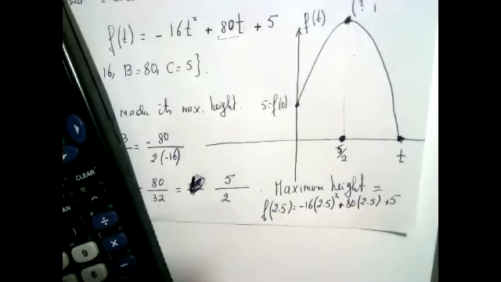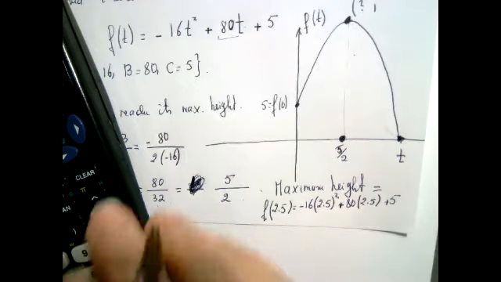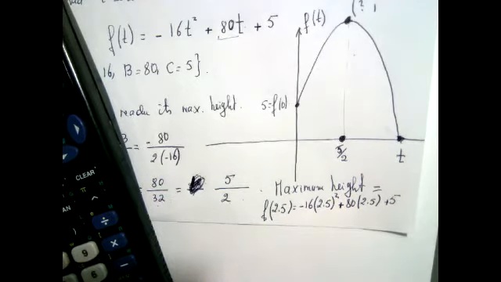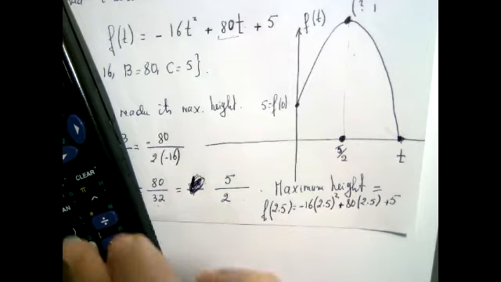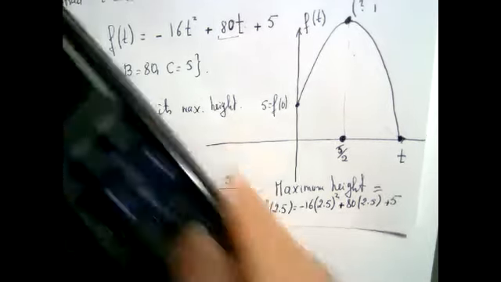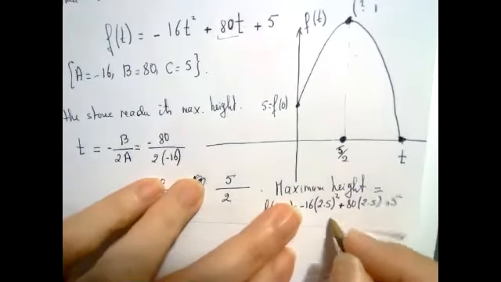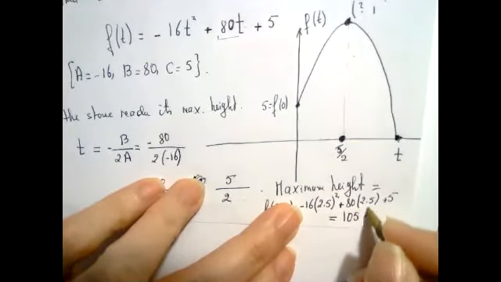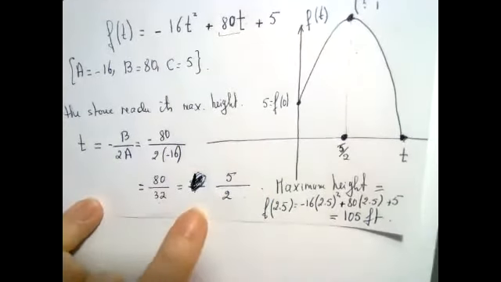So we have a nice number. Oh, of course I made a mistake. If anybody does it faster than me, please go ahead. Okay. 105. Thank you, Kayla. 105 feet. All right, and that will be the end of the problem.